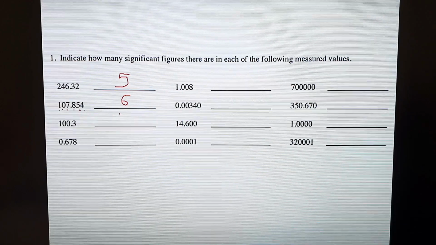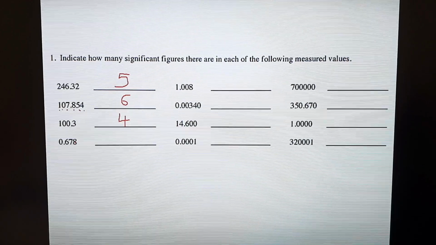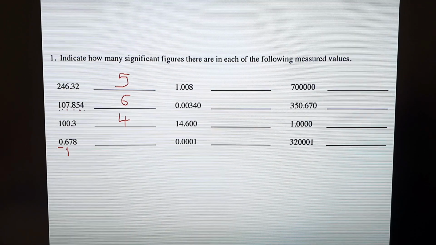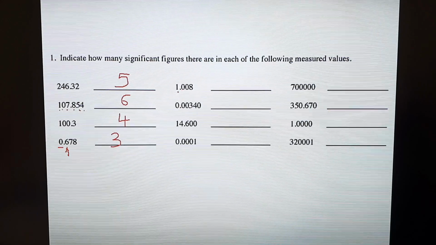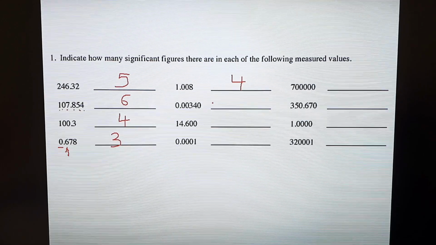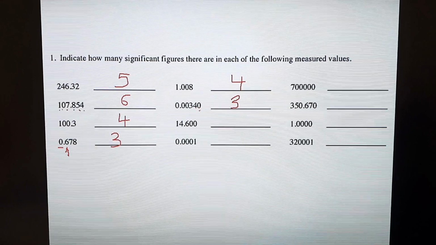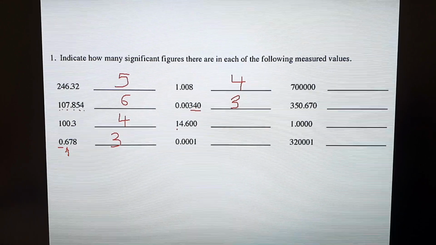Over here, there are 4. And over here, we don't include the 0 at the start because we only start counting from the first non-zero digit, which in this case is 6. So there's only 3 significant figures for this one. Over here, the first non-zero digit is a 3, and after 3, it's just 2 more digits, so it's 3 in total. So 3, 4, and the final 0 there.